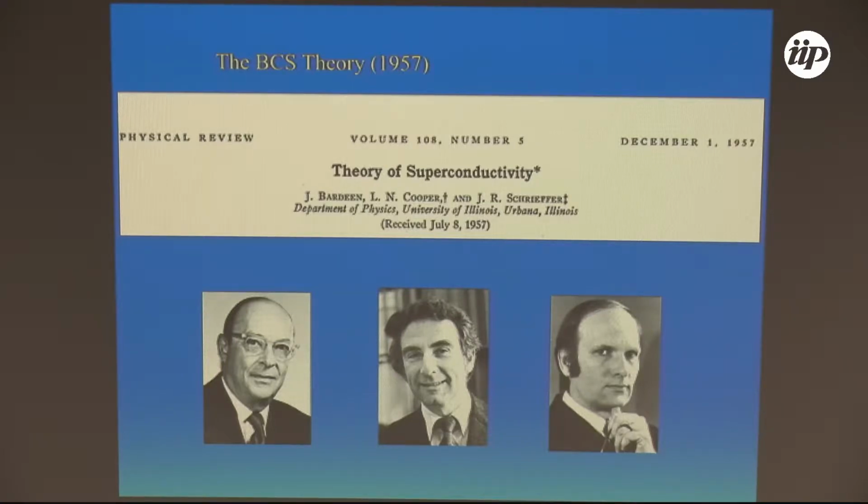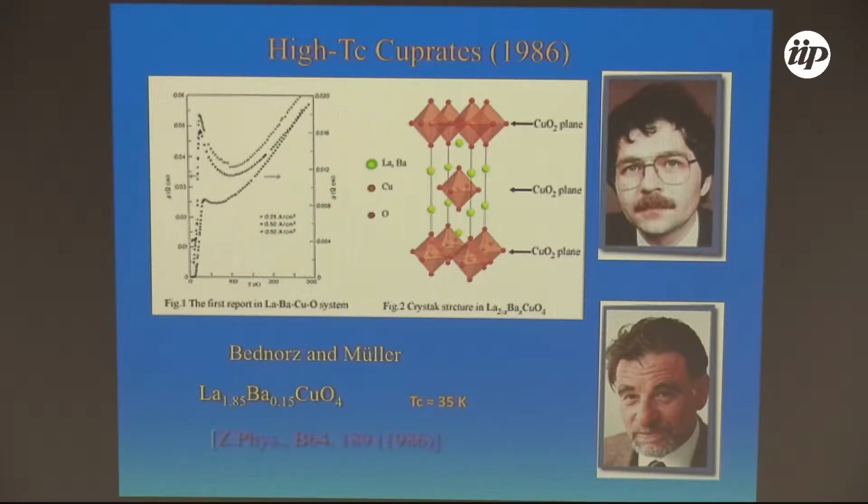So in 1986, as you know, Bednorz and Müller discovered a new type of superconductivity, for the first time going beyond the 30 Kelvin mark. And so far, almost 30 years after, we still don't have a satisfactory theory for high Tc superconductivity.